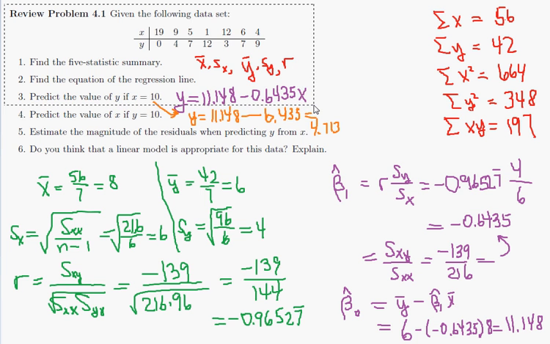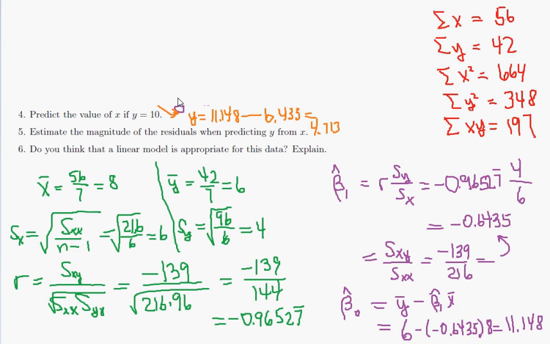So for part 4, predict the value of x if y equals 10. To get started, we need to find beta 1 hat again, except this time we're predicting the other direction.